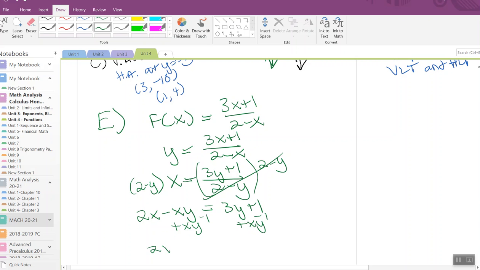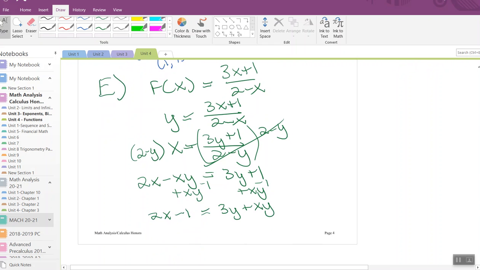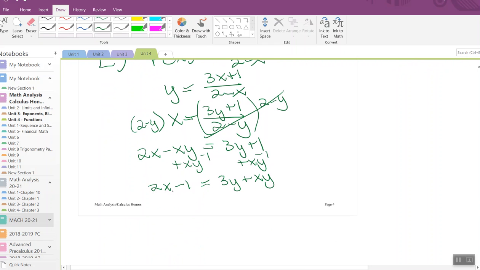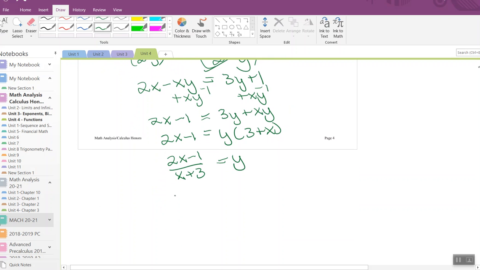So you get 2x minus 1 equals 3y plus xy. The reason I did that is so I could factor out the y, and it becomes 3 plus x. Then you divide, and notice you get 2x minus 1 over x plus 3 equals y, and that is your f inverse.